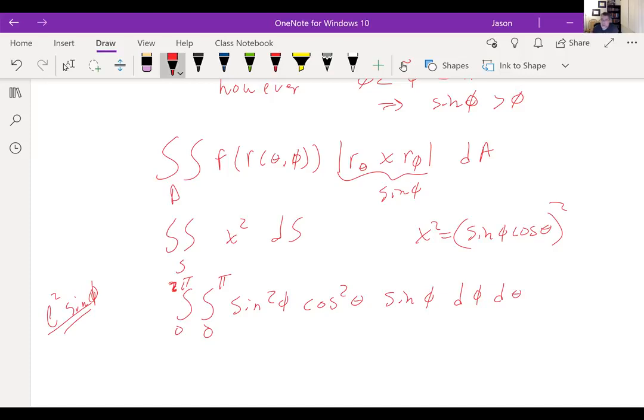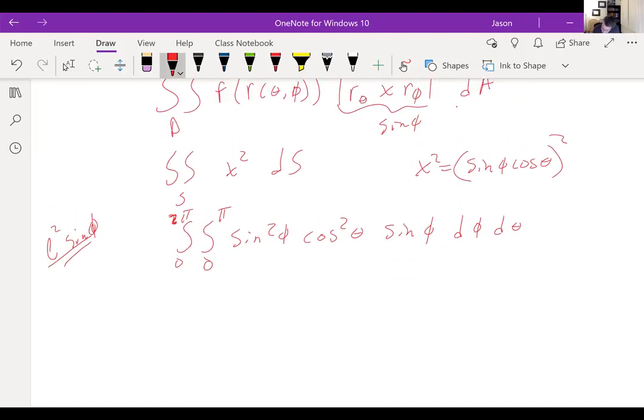If we had a generic rho, we would end up with a rho squared here. Our rho was 1 because it was the unit sphere, not just some generic sphere. But that integration factor shows up right here. So we just kind of derived spherical coordinates there.